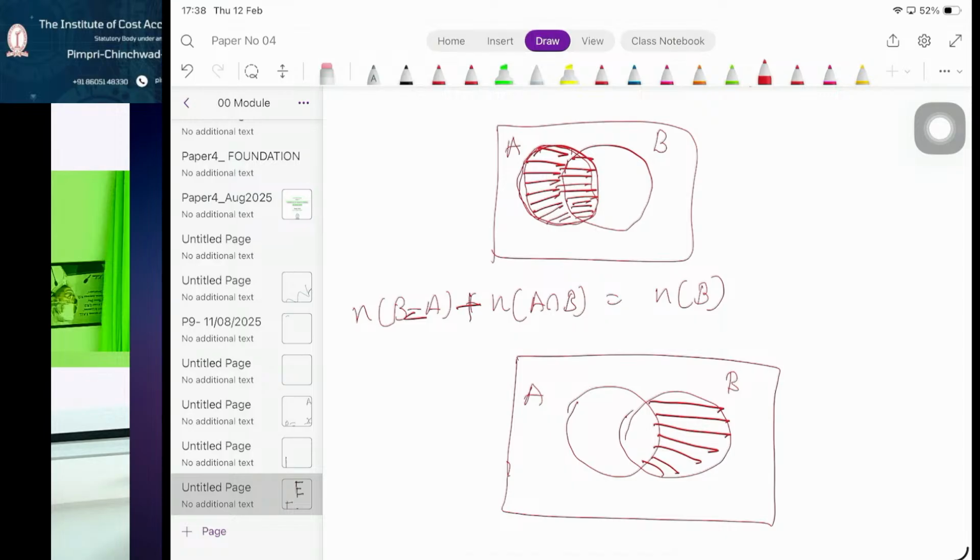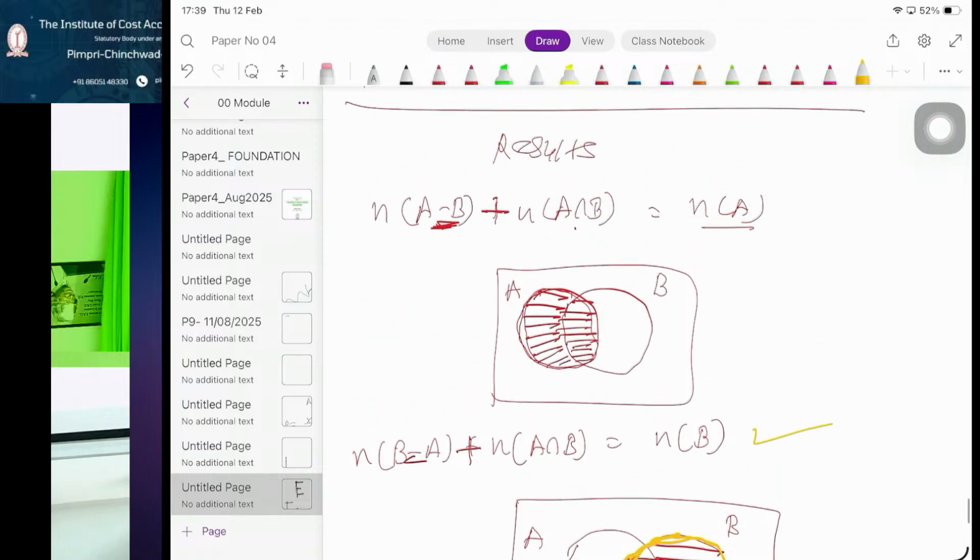A intersection B यानी ये भी ऐड करना है आपको. तो इस तरह से आपको क्या मिल गया है? ये पूरा का पूरा आपको B मिल गया. यहां आपको पूरा का पूरा A मिल गया. These are some common important results.